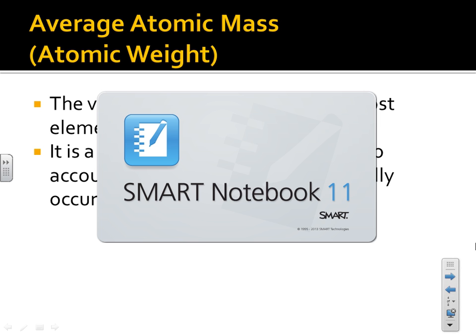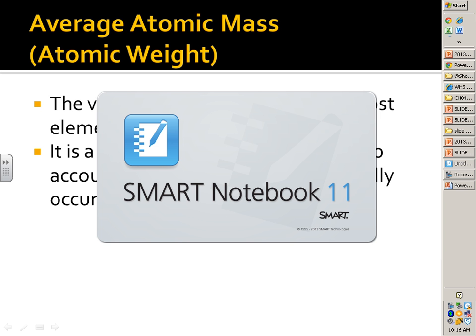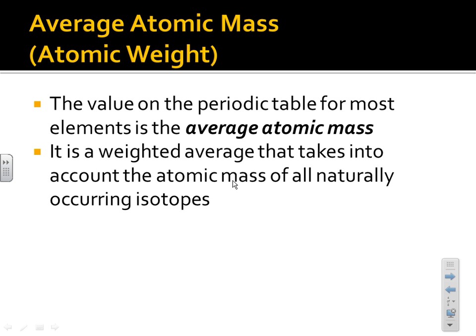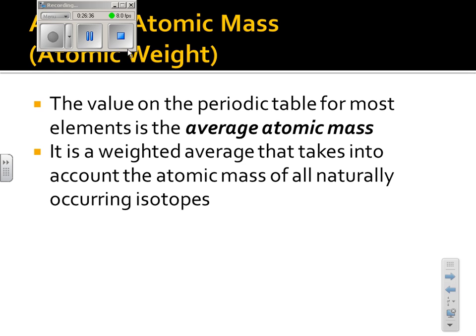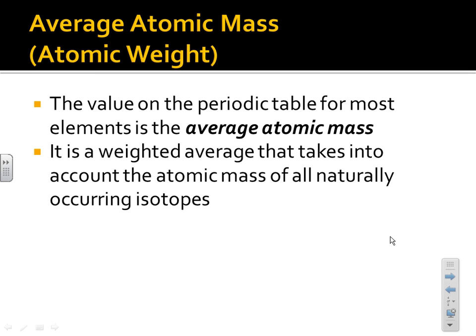It's a weighted average that takes into account the atomic mass of all of our naturally occurring isotopes. So average atomic mass is a weighted average that takes into account the atomic mass of all of those isotopes that exist out there. Okay?